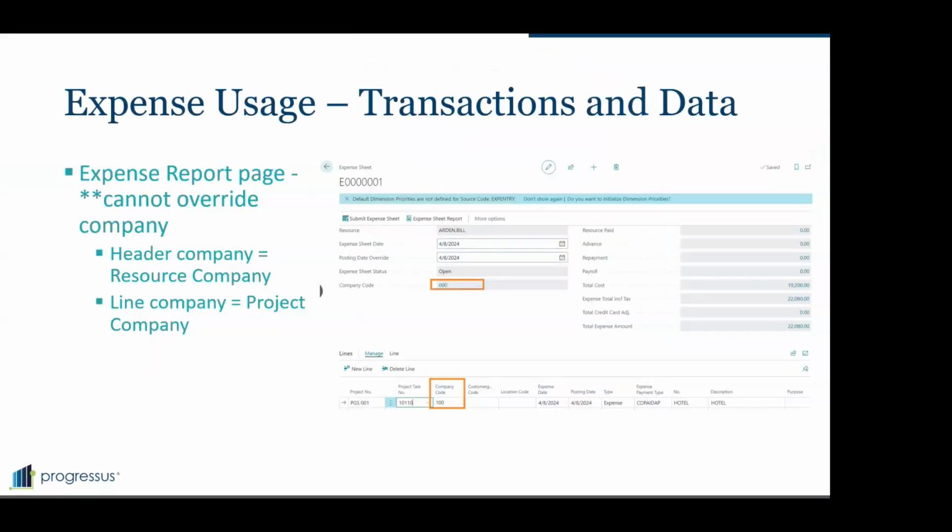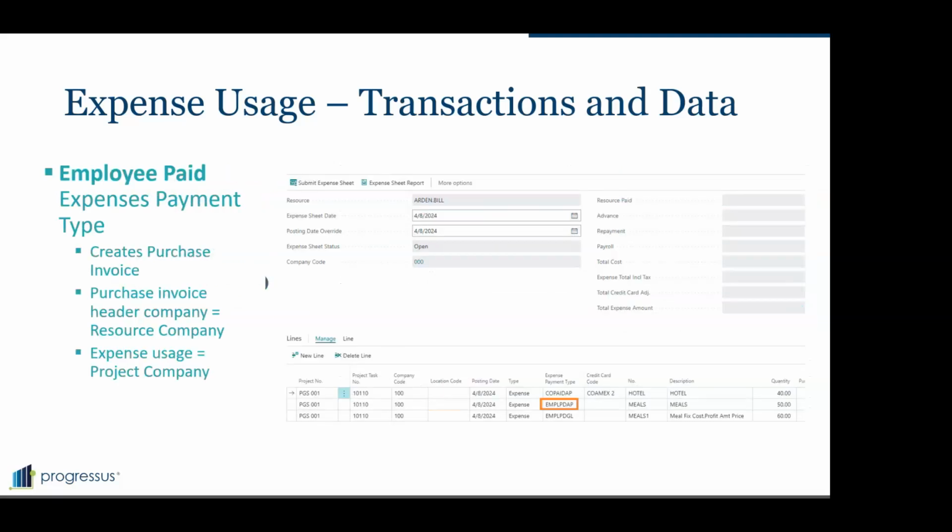Expenses are very similar, but there are some differences. Here you can see the company header: the header of the expense sheet is the resource company, and the transaction line is the project company, just like timesheets.